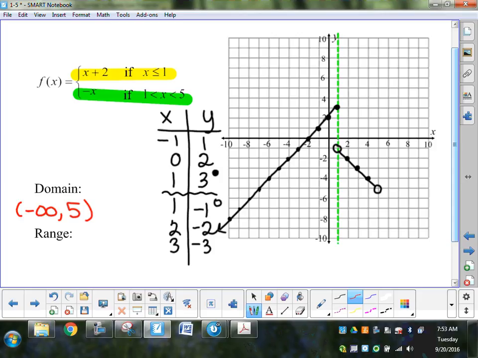No? Be careful. Negative infinity all the way up to 3. Do I have a bracket or parentheses, Tyler? Questions on that?